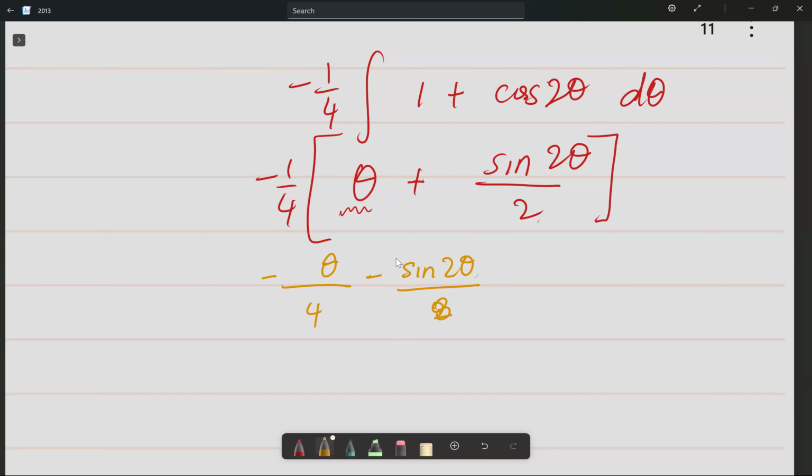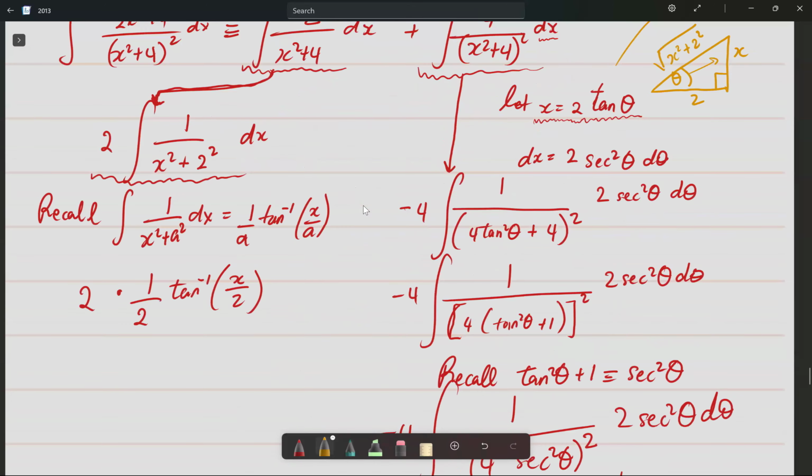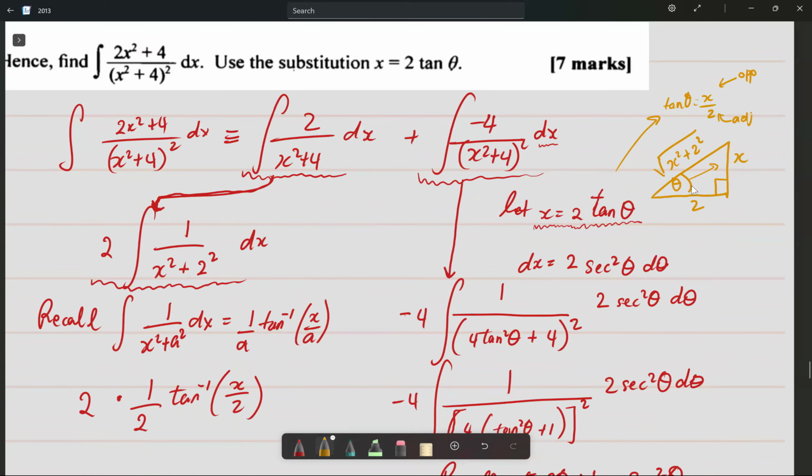And then this part here is going to become theta over 4 minus 2 sine theta cosine theta all upon 8. Now we need to replace the thetas. We know that tan theta is x over 2, so theta is equal to tan inverse of x over 2.